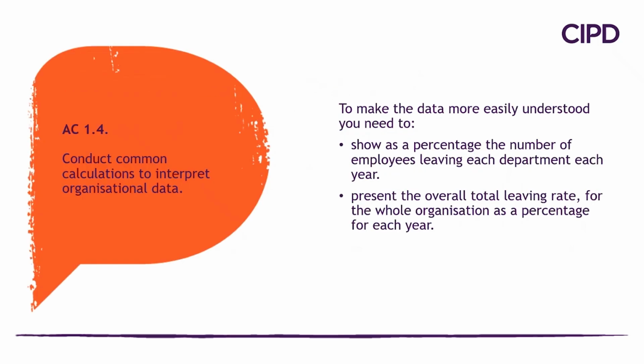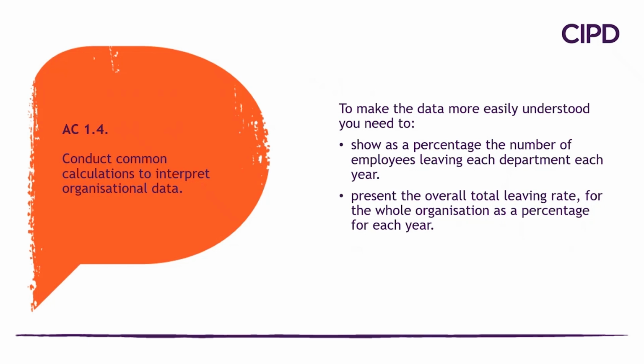Next slide, please. So this covers AC 1.4 and 1.5. Starting with AC 1.4, this requires you to conduct common calculations to interpret organizational data. To make the data more easily understood, you need to show as a percentage the number of employees leaving each department each year, and then present the overall total leaving rate for the whole organisation as a percentage for each year.